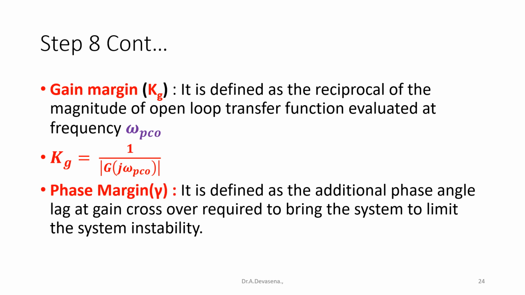Then phase margin nu. It is defined as the additional phase angle lag at gain crossover required to bring the system to the limit of system instability. It is represented as nu equal to 180 degree plus phi GCO.